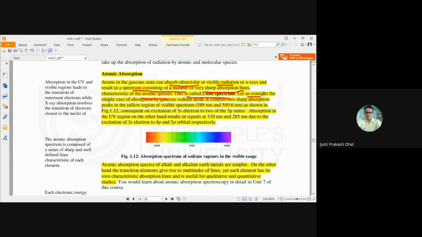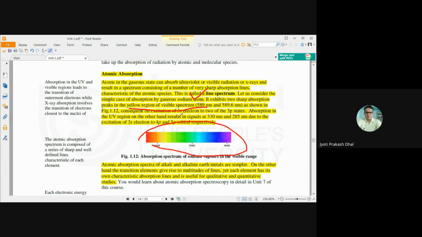Now let us consider the simple case of absorption by gaseous sodium atoms. It exhibits two sharp absorption peaks in the yellow region of the visible spectrum. The sodium atom will absorb two electromagnetic radiations having wavelengths 589 nanometer and 589.6 nanometer, as shown in this figure.